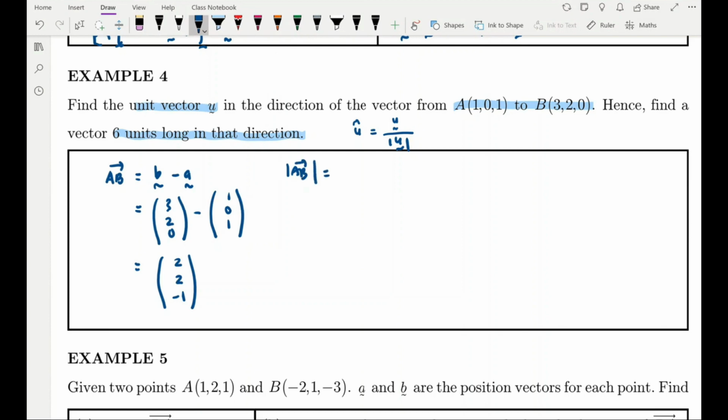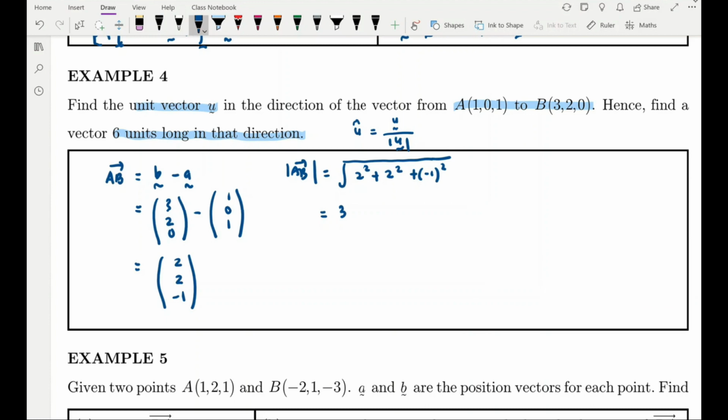For the magnitude, we just use the distance formula: 2 squared plus 2 squared plus (-1) squared. So we get 3. So how to find the unit vector?